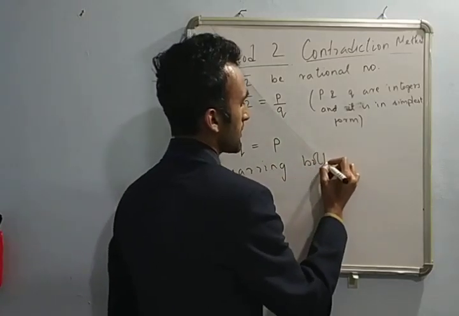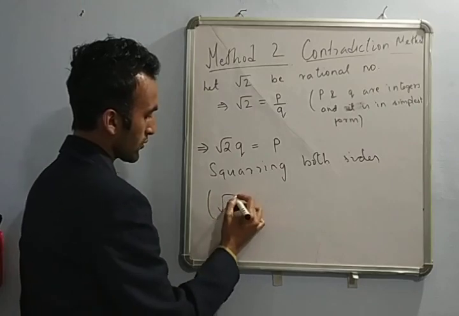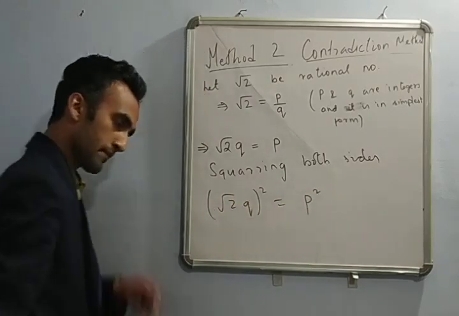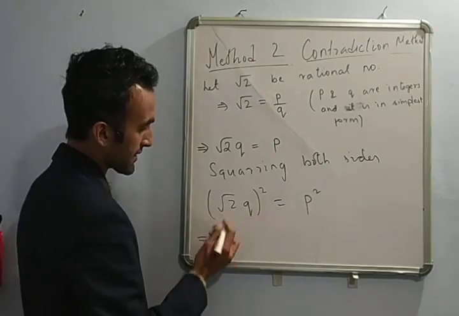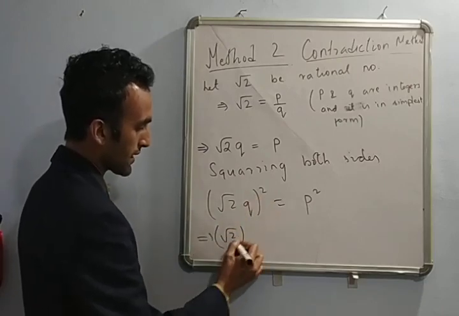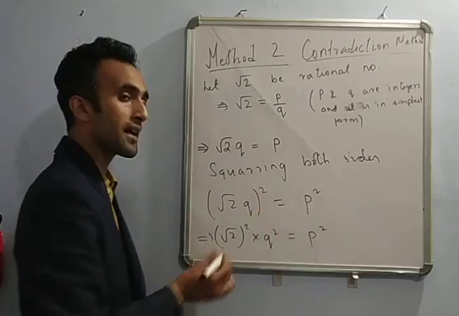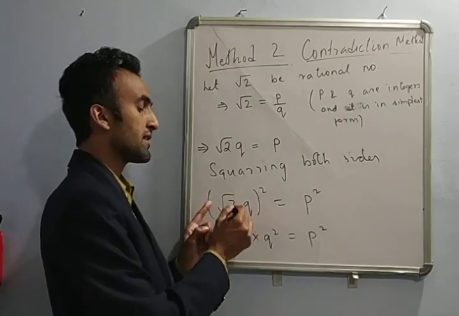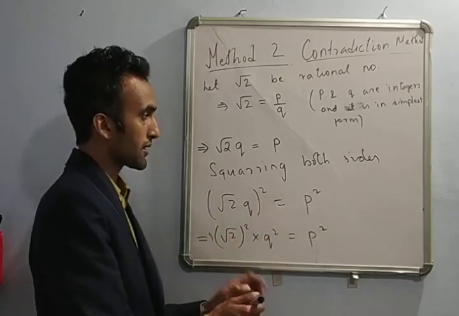Squaring both sides, it becomes square root of 2 Q whole square equals P square. Now I give the square to both, and as these two are multiplied, the square will go to both: square root of 2 square into Q square equals P square. If there is a plus or minus, the square cannot go to both directly. If there is a multiplication or division, the square or any power goes inside. Very easy.